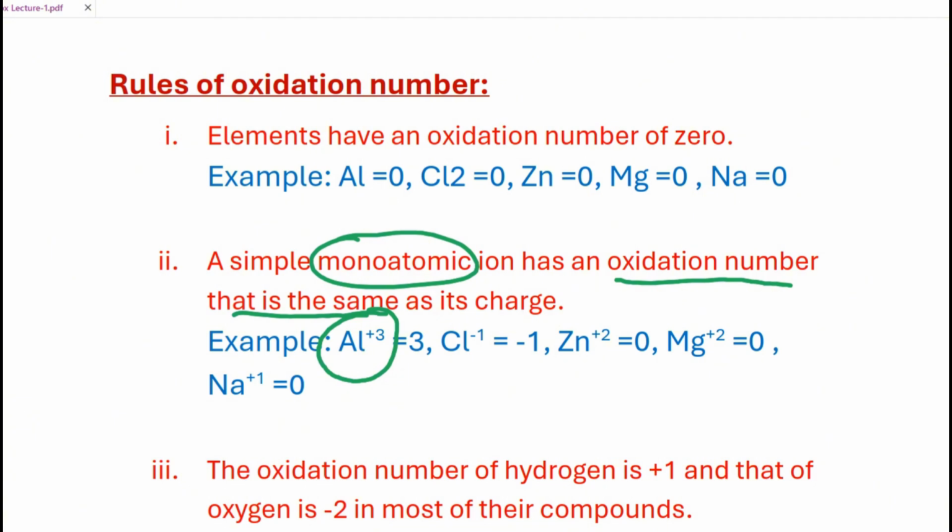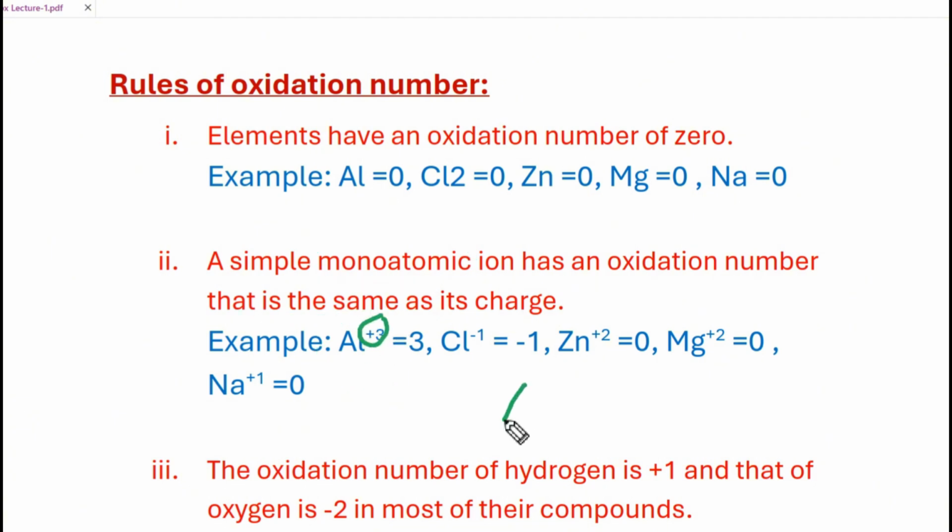Say aluminium 3+. Aluminium is a monoatomic, single atom, so it has power 3, so its oxidation number will be +3.